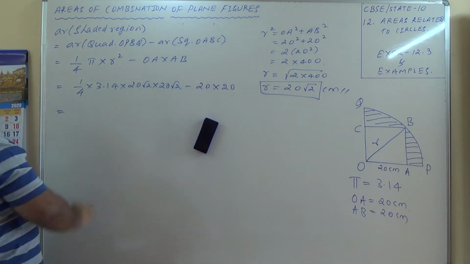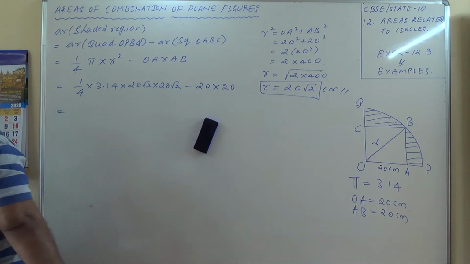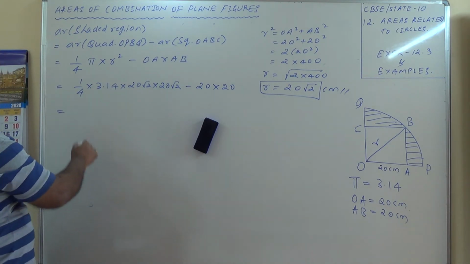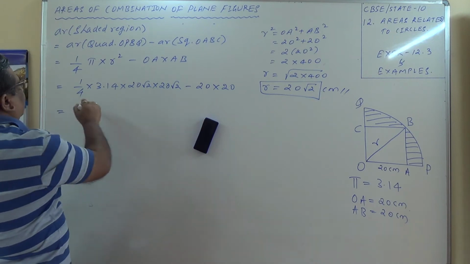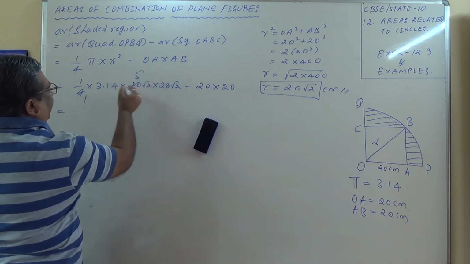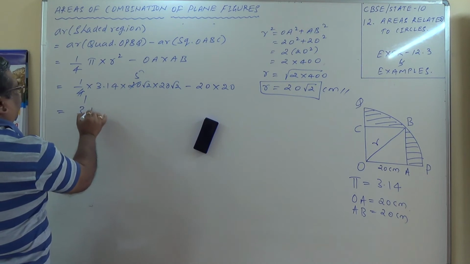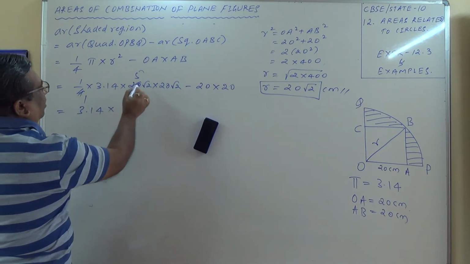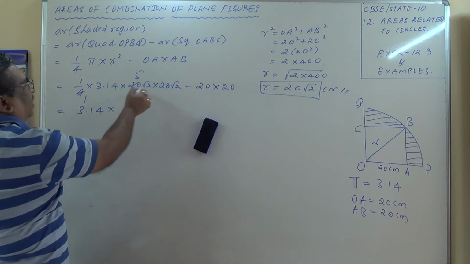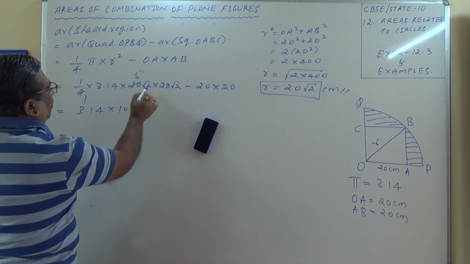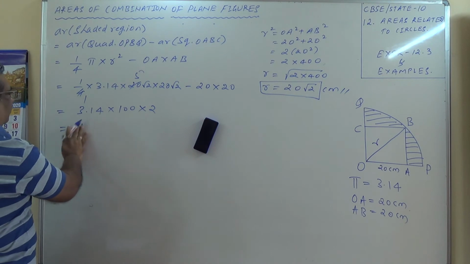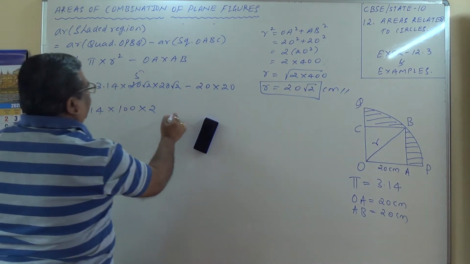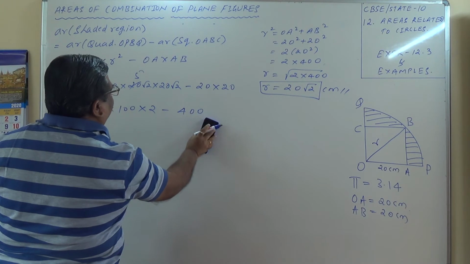So this is equal to, we can find out this as 4 ones are 4, 5 fours are 20. So 3.14 into 5 root 2 into 20 root 2, 5 into 20 is 100, root 2 into root 2 is 2.